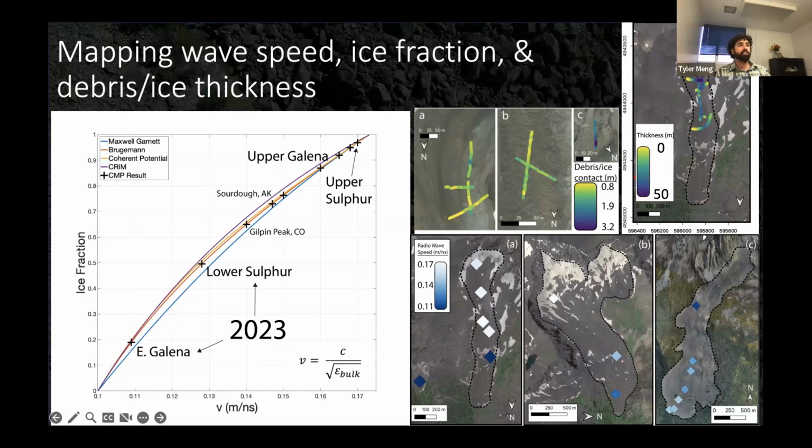And one of the main uncertainties in this mixing model is that we are assuming a value of 9 for the dielectric of the rock, which is pretty reasonable based on the literature of igneous rocks, but it could be lower than that. So this gives us basically an upper bound for ice fraction.